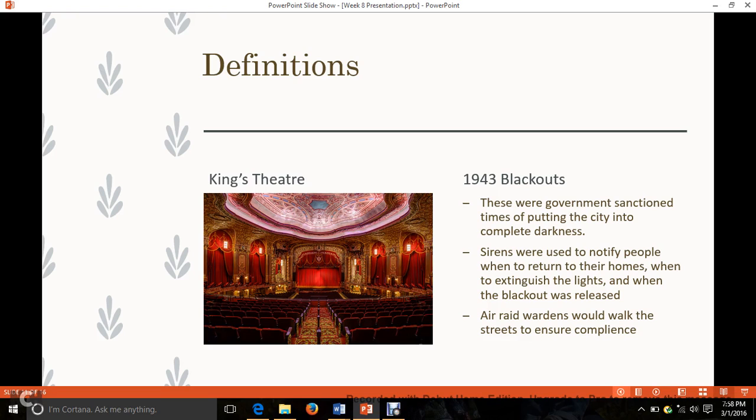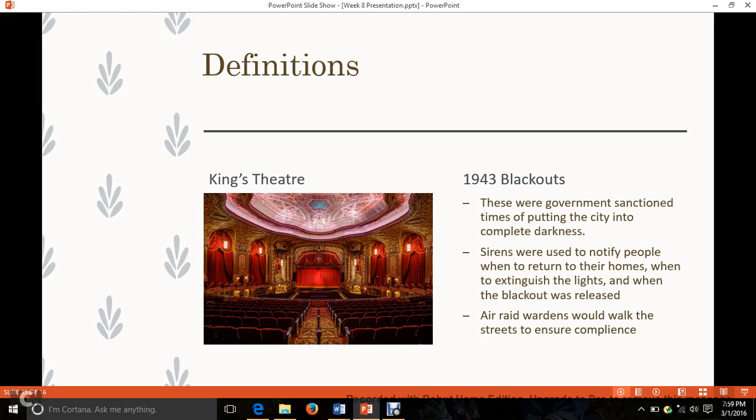And so they would do these drills throughout 1943 and other years throughout the war. They would have sirens that would notify people that, okay, this siren so many times says, everybody go home. And when this siren sounds so many times, you have to cut out all your lights, and we'll have a time of blackout.